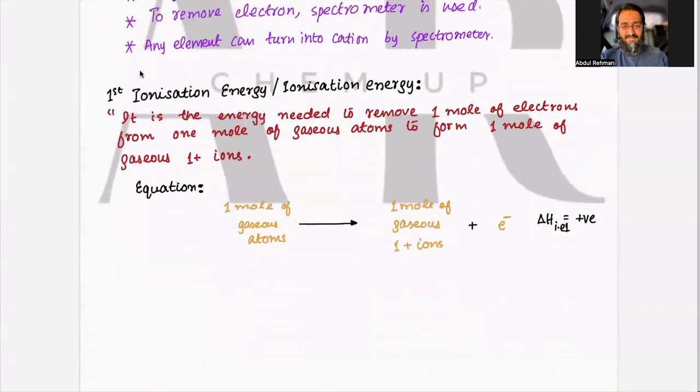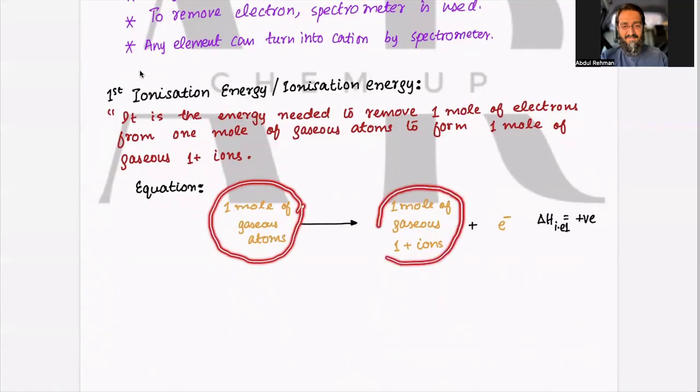Whenever you write the ionization energy equation for the first ionization energy specifically, you write 1 mole of gaseous atoms of that element on the left side of the arrow, and on the right side of the arrow you put 1 mole of +1 charge ions only, and 1 mole of electrons.